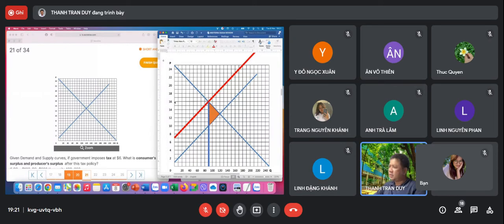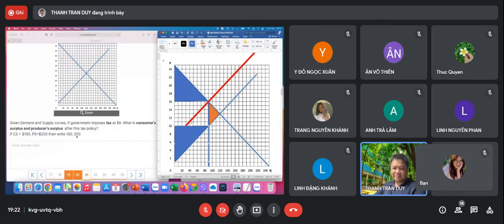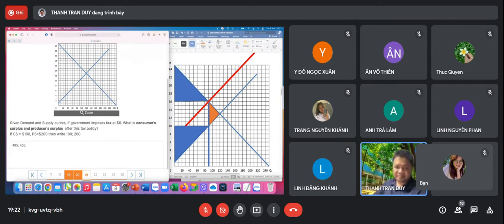This is consumer surplus after tax, and this is producer surplus after tax. Okay. Any problems so far? No. And we try here is how much? 405, and then 405. Okay.